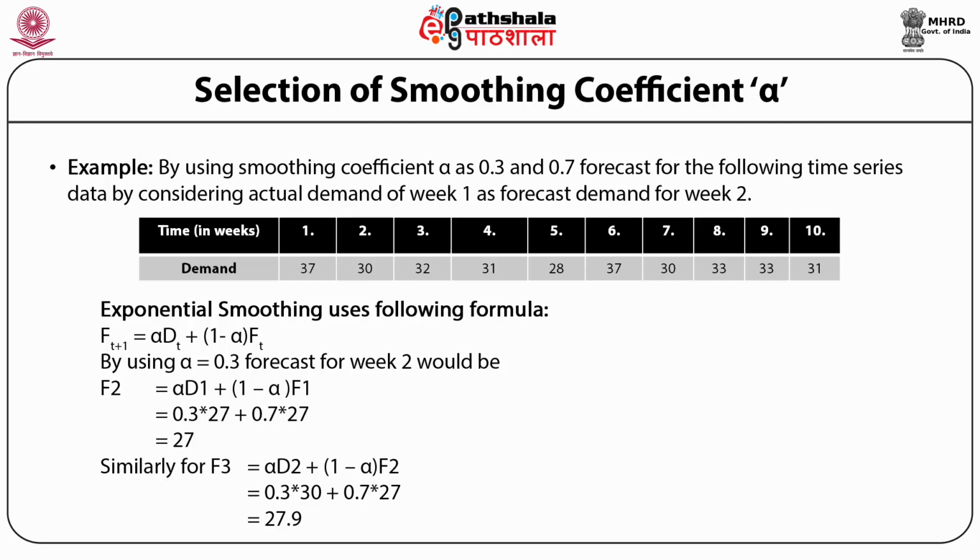Similarly, F3, or the forecasted demand for week 3, was 0.3 × 30 + 0.7 × 27, which was 27.9. Forecasts for other weeks can be calculated in similar fashion, and the next slide shows final results with forecasted demand for both alphas, that is alpha is 30% and alpha is 70%.